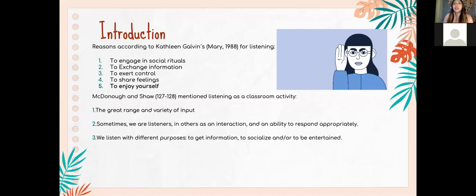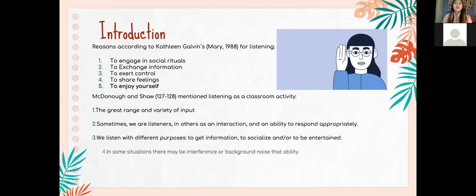Well, at the moment we listen, there are many purposes for paying attention to the message. It could be to get information, to socialize, to be entertained, or to communicate. In some situations there may be interference or background noise.